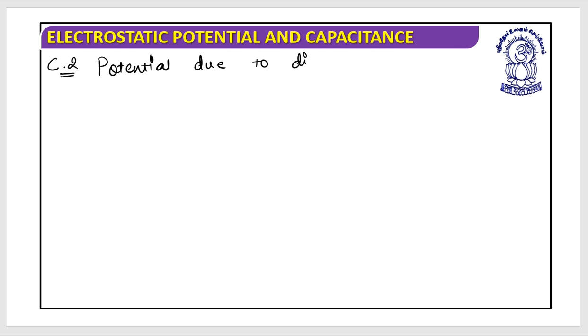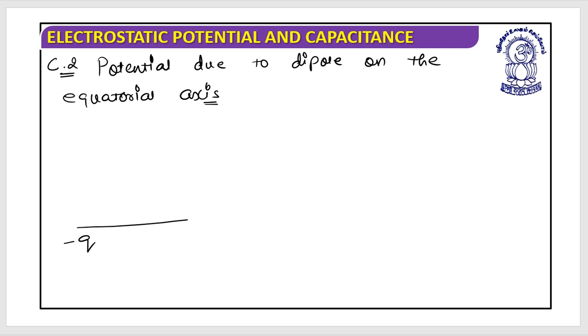Let's say this is minus q, this is plus q, this is point P, this separation is r, this is distance a, again this is distance a, and you need to find out the potential at point P. Here this θ, yes, it is 90 degrees.